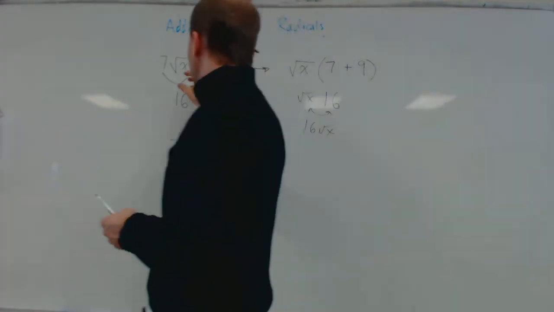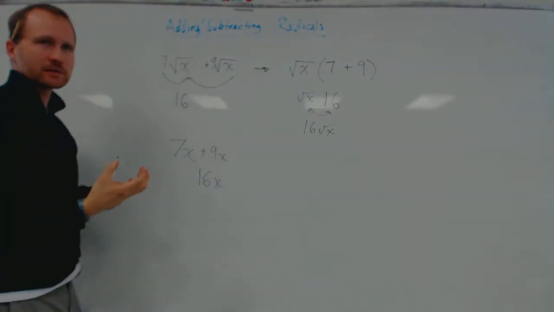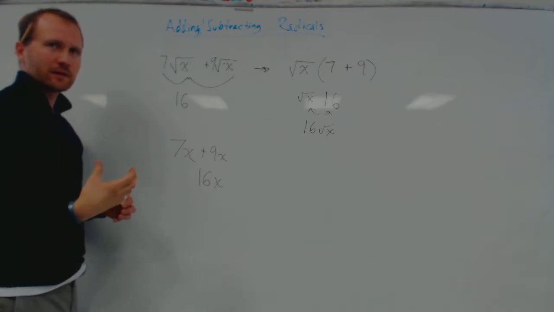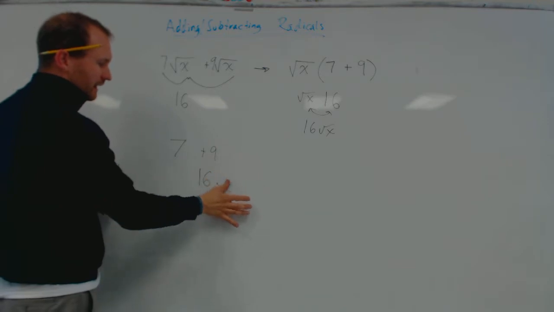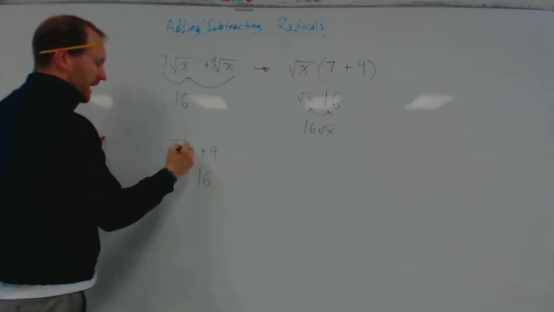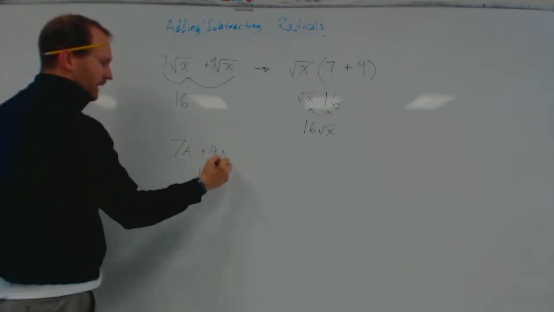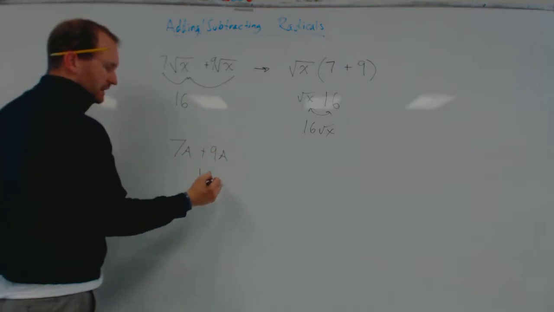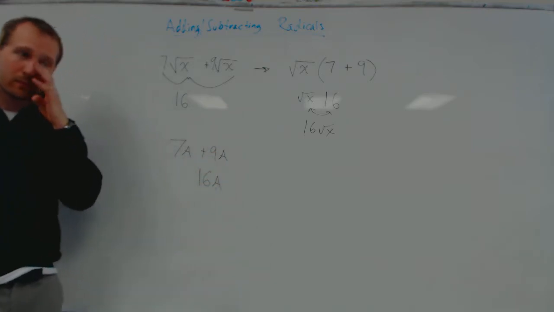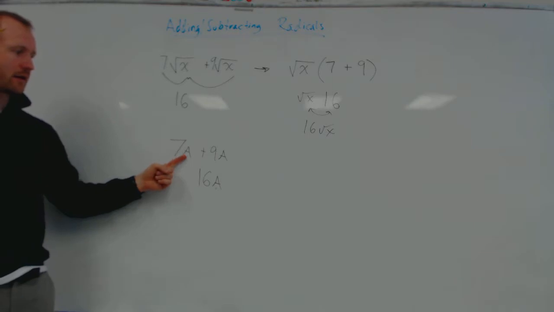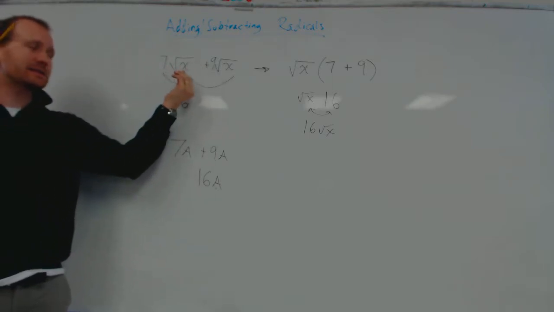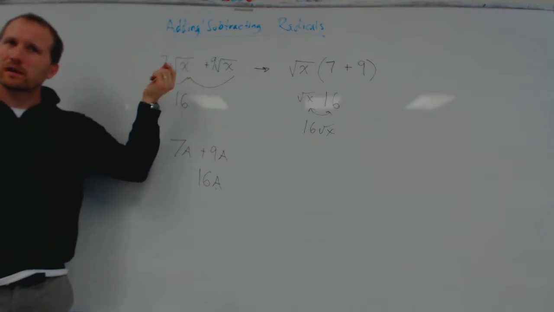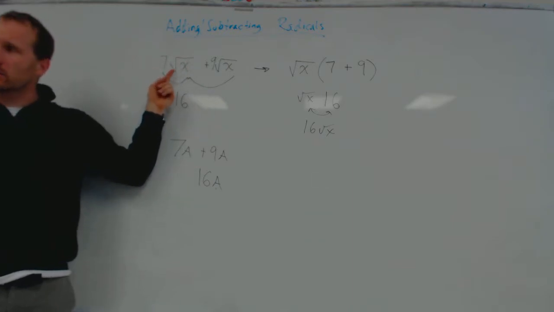X, in this case, is just the square root of x. That's confusing because I'm using x for both variables, but what if I said 7a plus 9a? That would still be 16a, right? But instead of a, I really have the square root of x. So I'm just adding together like terms, as long as I have the same thing in the square root.